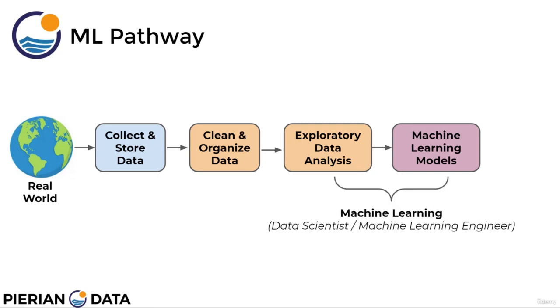So, as I mentioned, in general, we can describe the steps of exploring data and creating machine learning models as the machine learning part of this pathway. And this is where someone has a role such as a data scientist, if they're kind of doing both, or if they're heavily focused on machine learning models or optimizing those ML models, they could be labeled an ML researcher or machine learning engineer, that sort of thing.